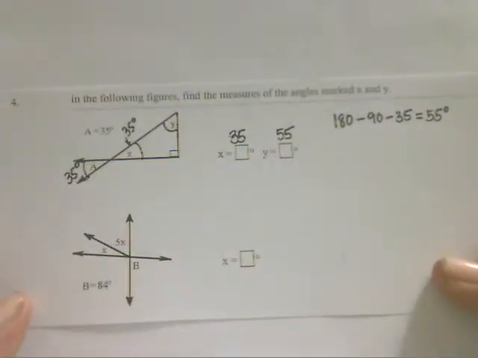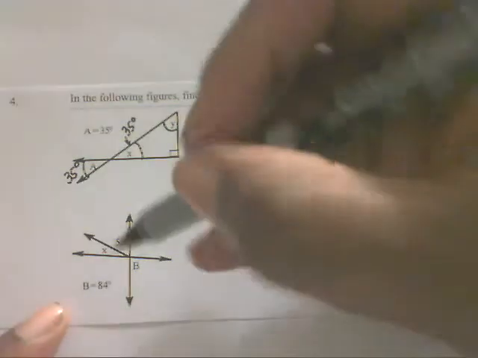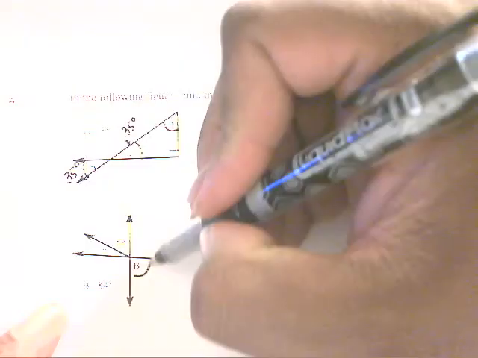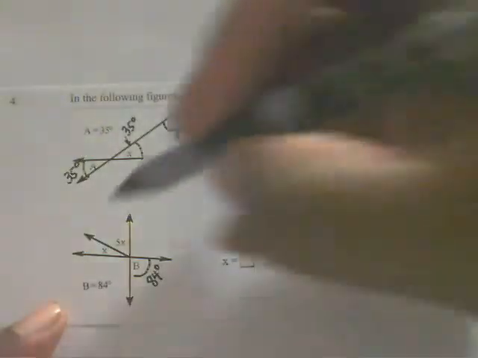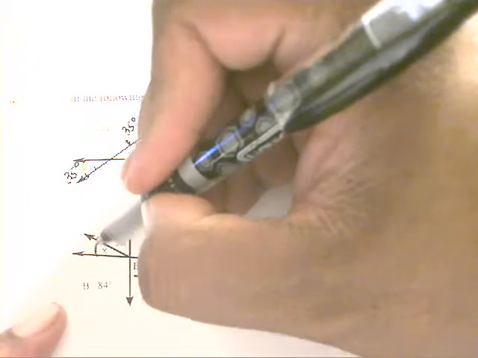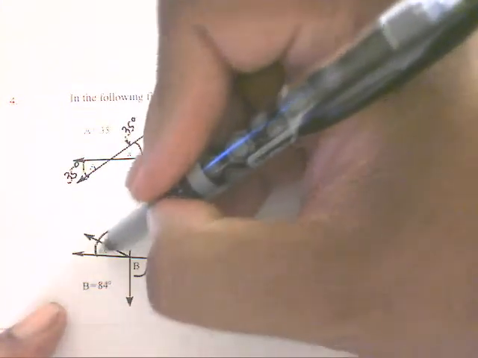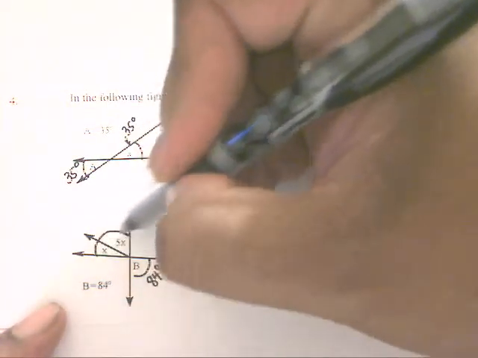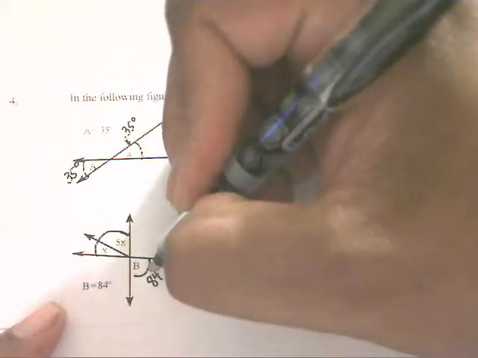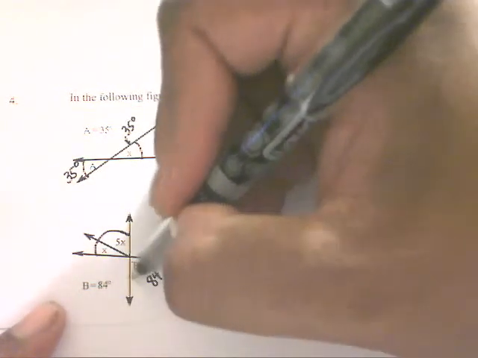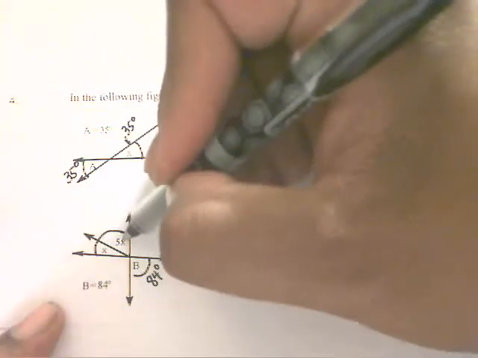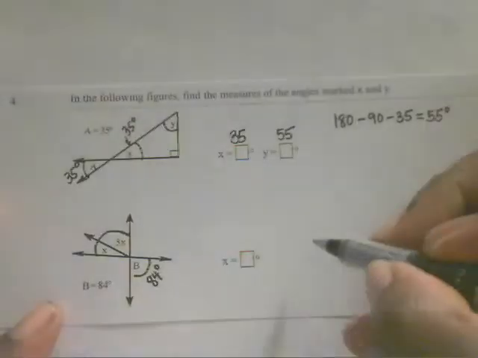Okay, and this next one, here's angle B right here. That's 84 degrees. That's given to you. Now I'm going to use the fact that all of this, along with the X and the 5X, that angle right here forms with this angle being vertical angles. They're congruent. So if angle B is 84, then 5X and X must be 84.